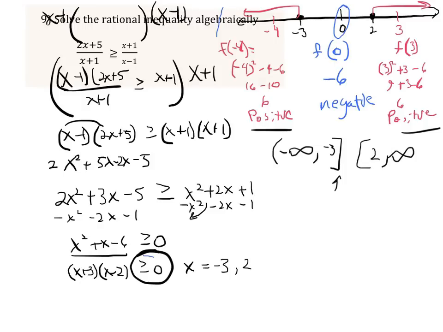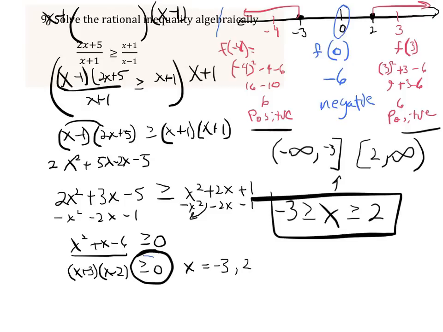Or you could write it as x is less than or equal to negative 3 or greater than or equal to 2. Okay? So both of these work. What that means is that anything within these intervals would give us a positive value out, which is what we were asked for in the first place, greater than or equal to 0.